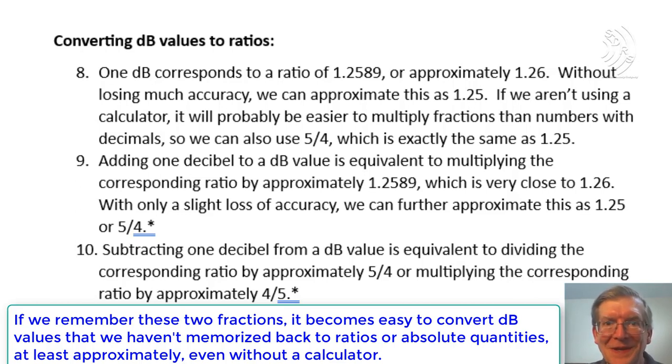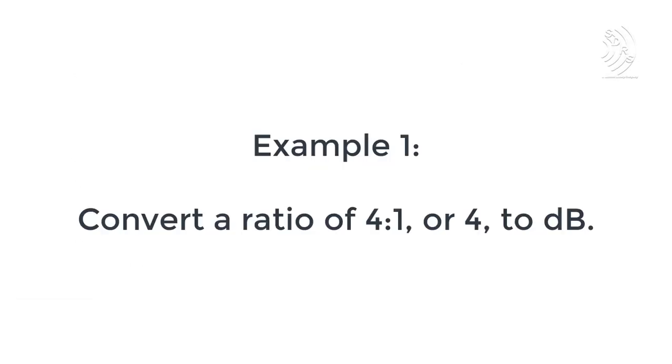Now, using these approximations does introduce an error. The error is less than 1%, and as you add or subtract more decibels, the error does increase. However, we'll see that it is usually not necessary to add more than a few decibels or subtract more than a few decibels. Now it's time to look at a few examples.